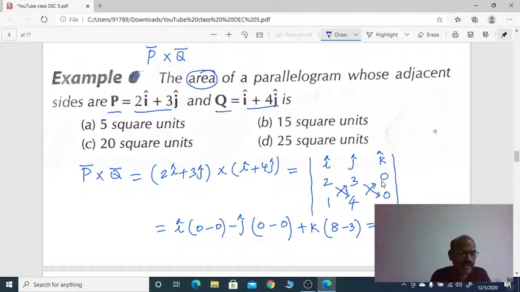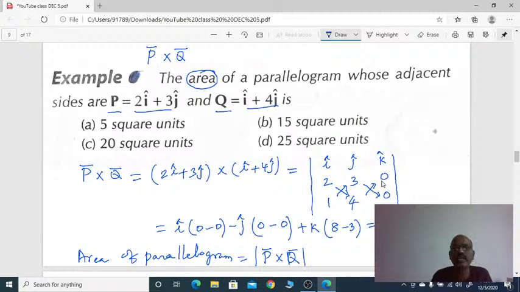Now the area of the parallelogram is the magnitude of this product of side P vector and Q vector. Take only the magnitude.